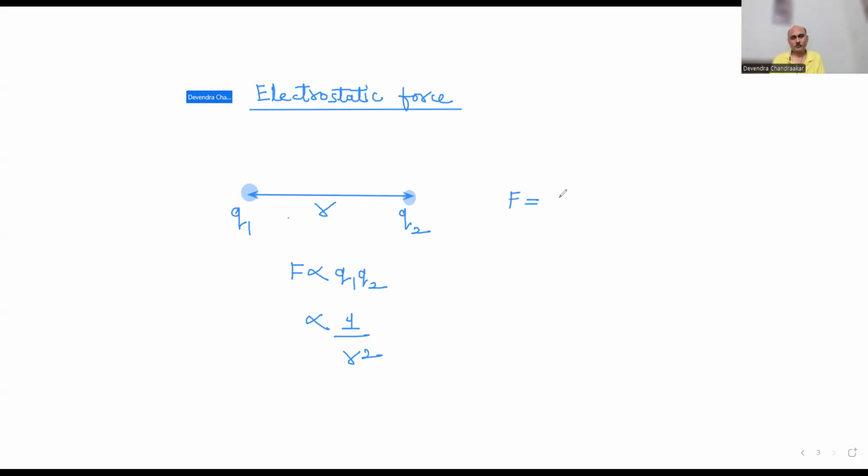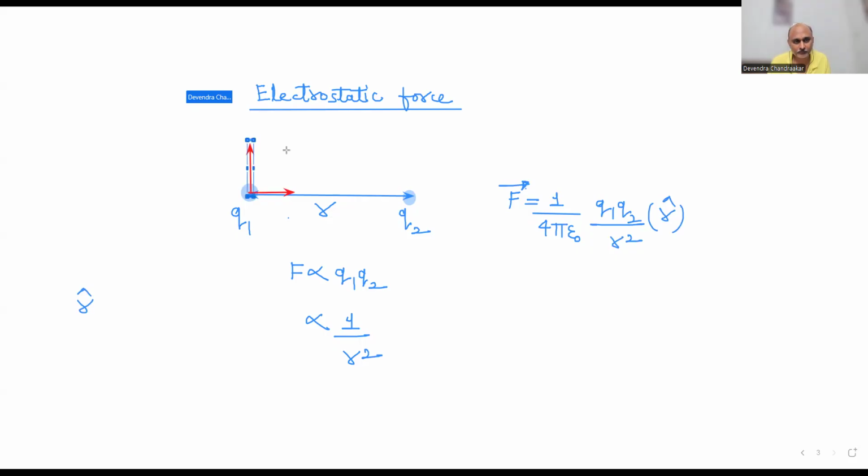So F is equal to, now this proportionality constant is 1 upon 4 pi epsilon naught, Q1 Q2 by R square. Now I am writing it here R cap. So what was this R cap? For Q1, R cap will be this direction, away from it.